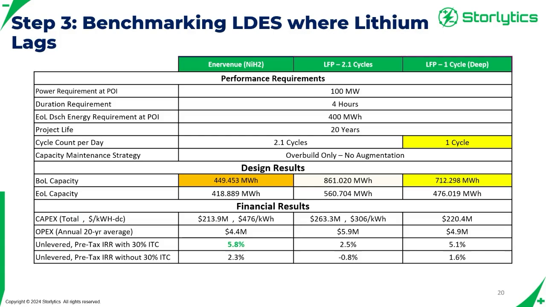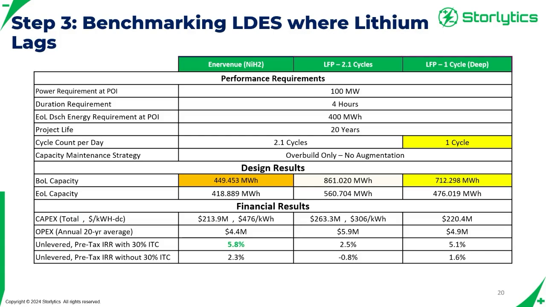You needed an overbuild factor of 2, basically, for the lithium system. So, at the end, that created an IRR of 5.8% for the Enervenue case, 2.5% for the LFP case for 2.1 cycles.